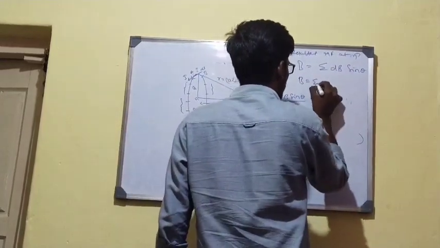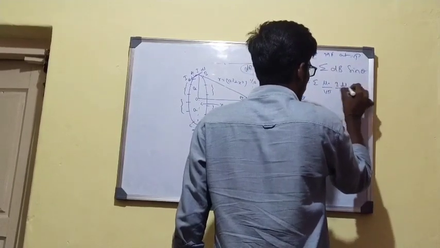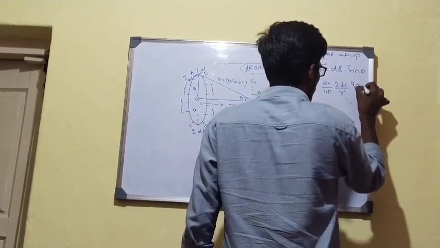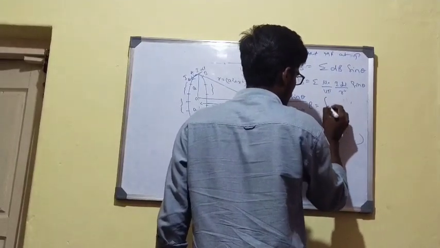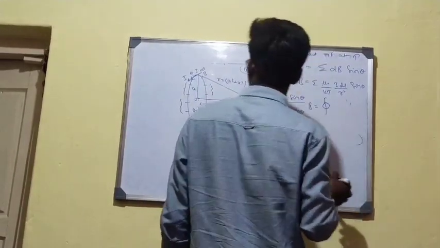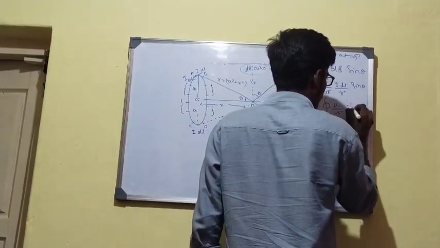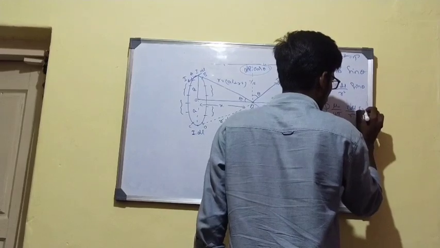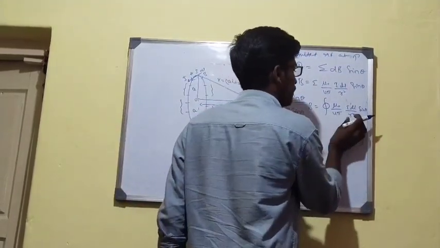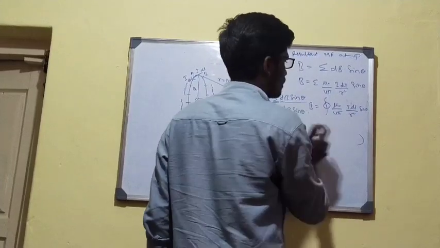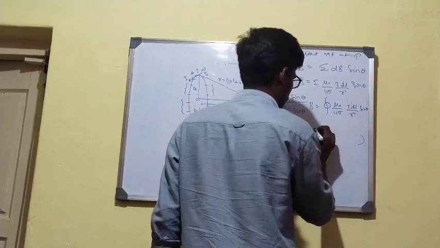We know the value of dB, that is mu naught divided by 4 pi, I dl divided by r square, into sin theta. I am going to convert this summation into integration. That is, the integration over a circular loop of mu naught divided by 4 pi, I dl by r square, into sin theta. In the next step, I am going to apply the value of r square and the value of sin theta, and integrate the dl component.